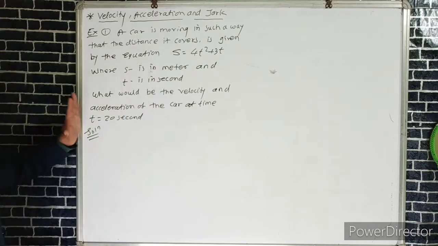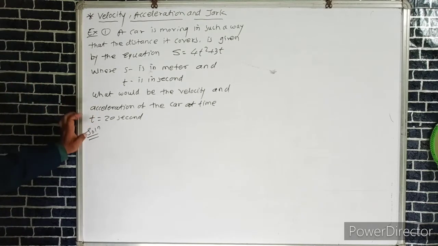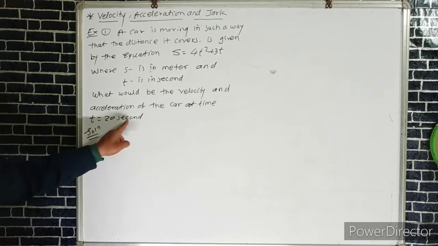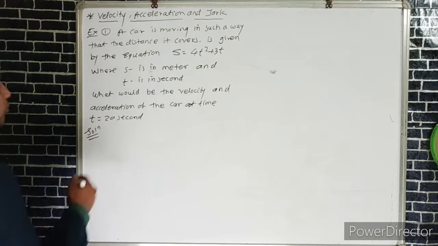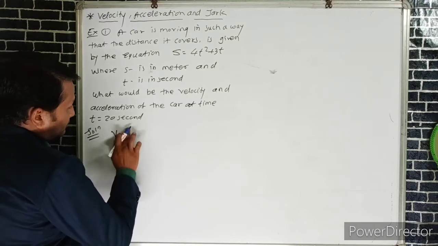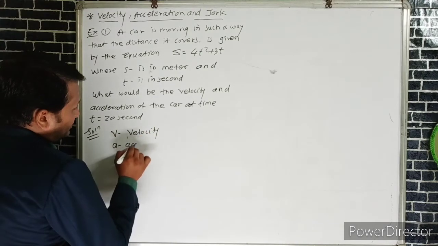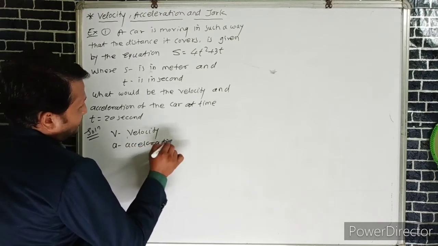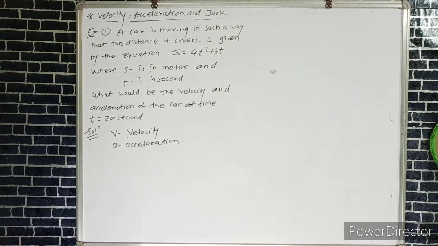What will be the velocity and acceleration of the car at time t equal to 20 seconds? First we consider v be the velocity and a be the acceleration.